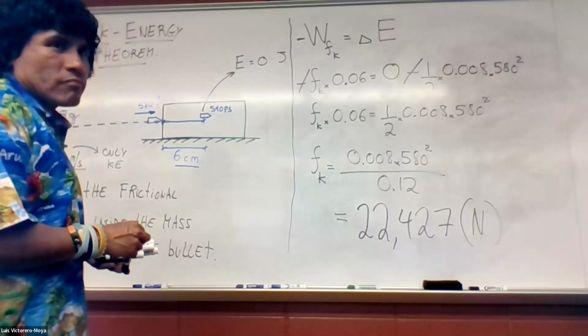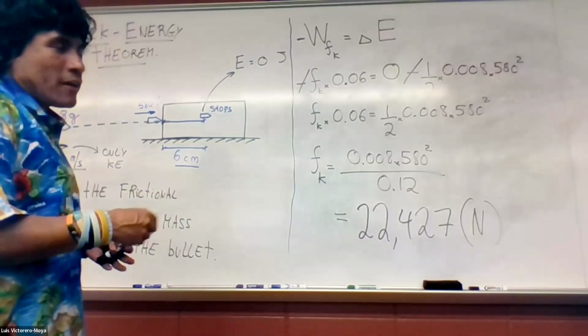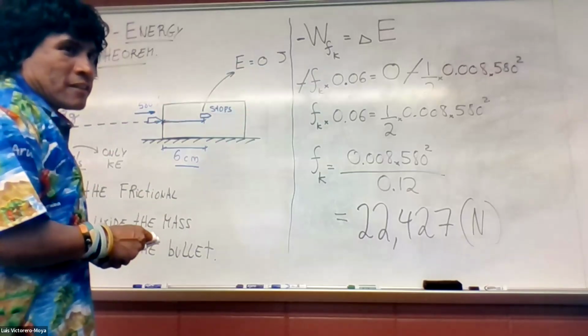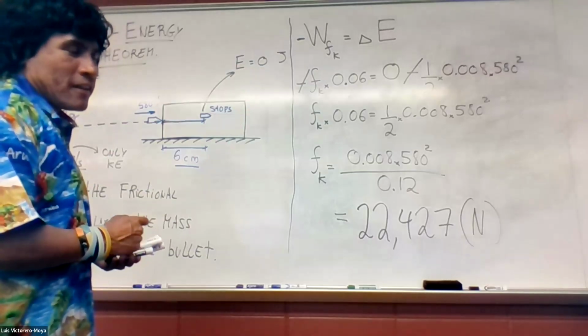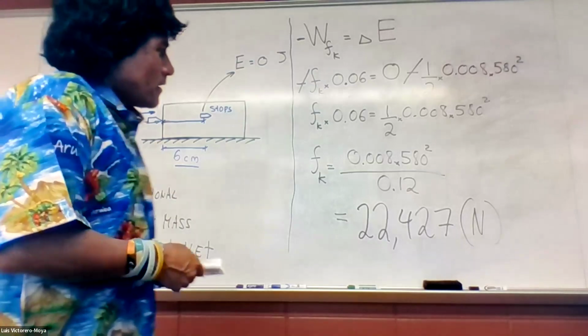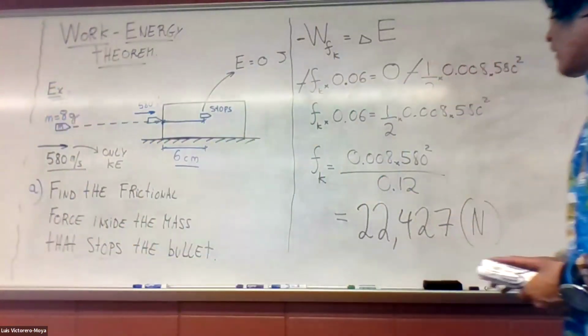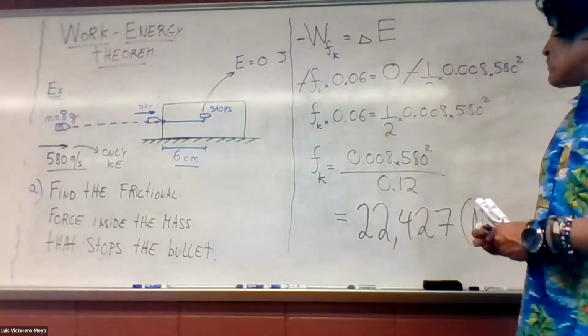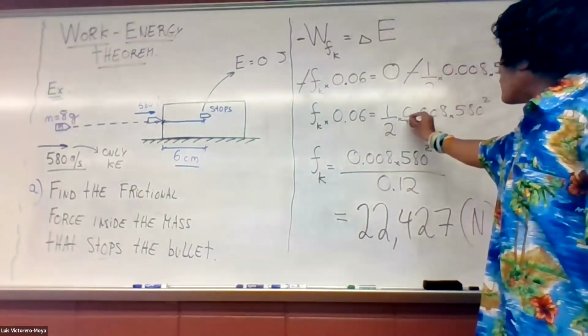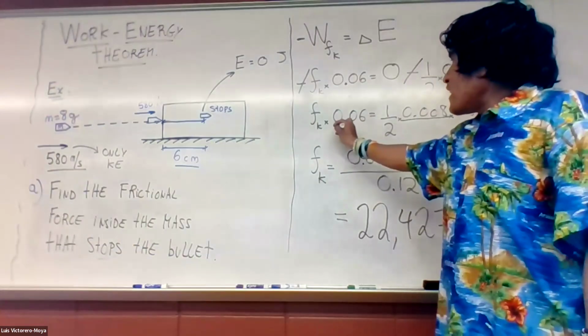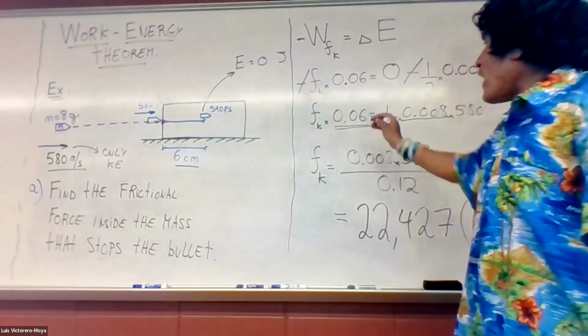Any questions? There's one more. They asked you for one more thing in there. Makes sense. It has to be a huge amount to stop a bullet. So yeah, be careful with the units, right? Grams to kilograms, centimeters to meters. Very important.